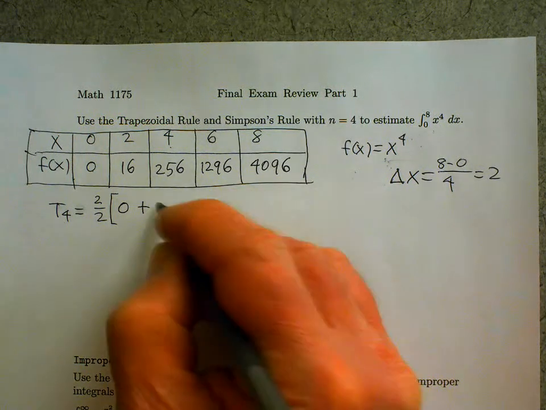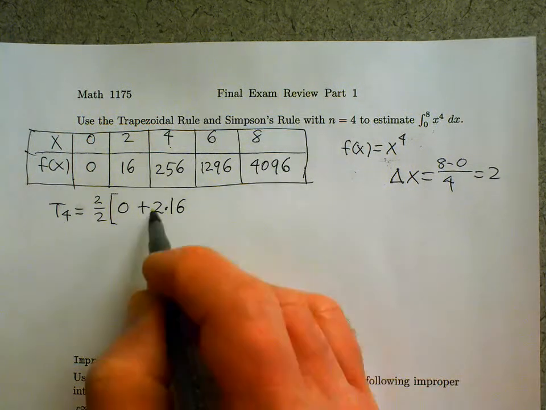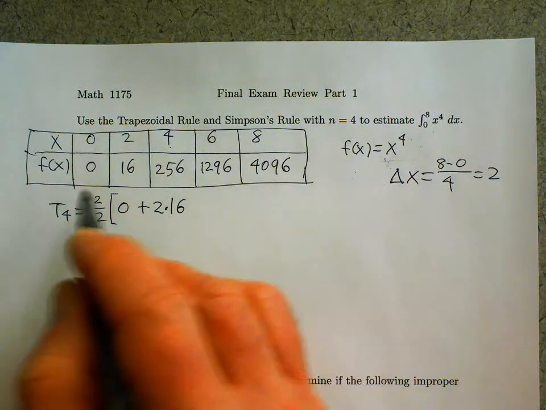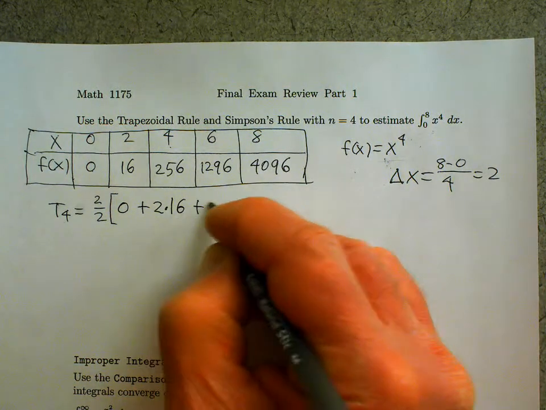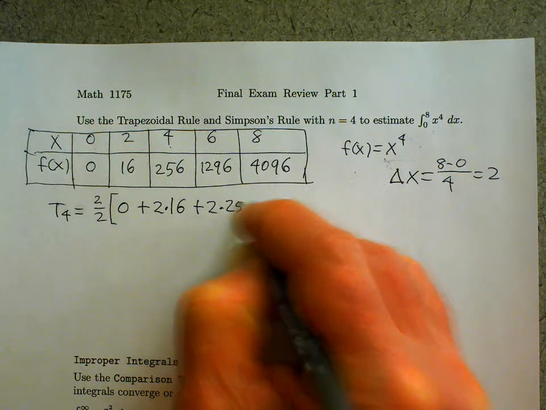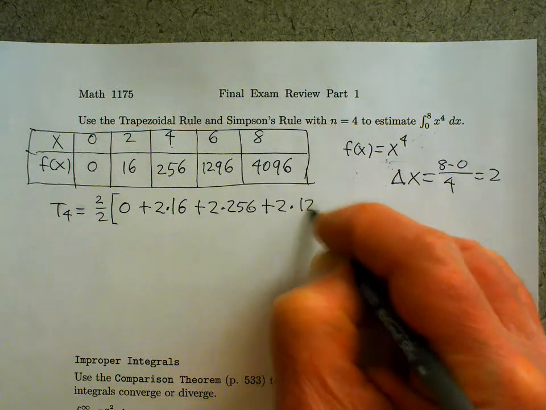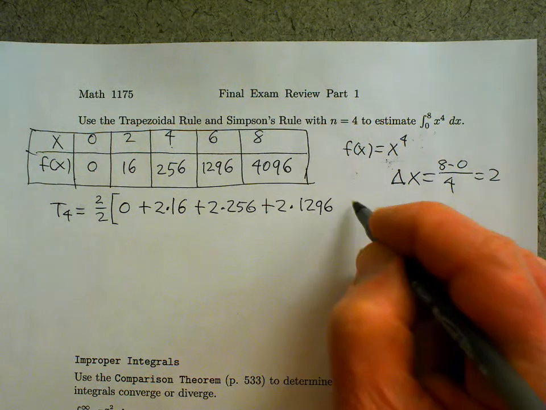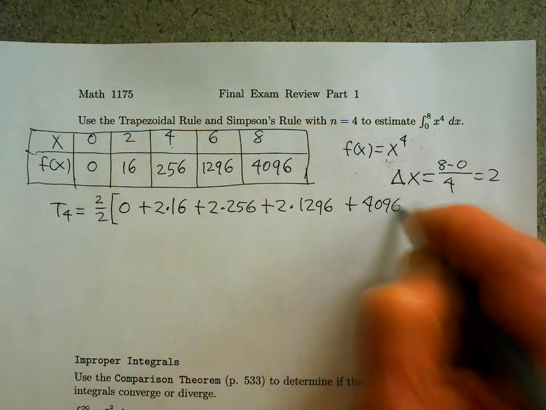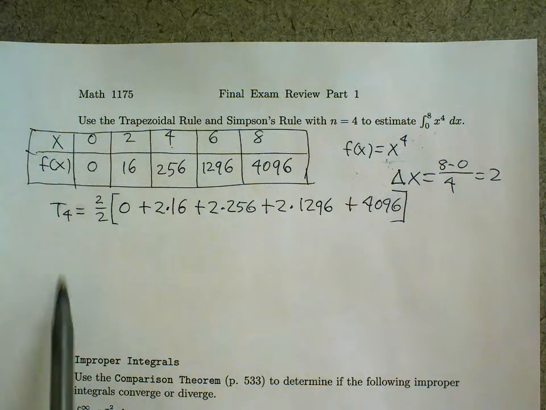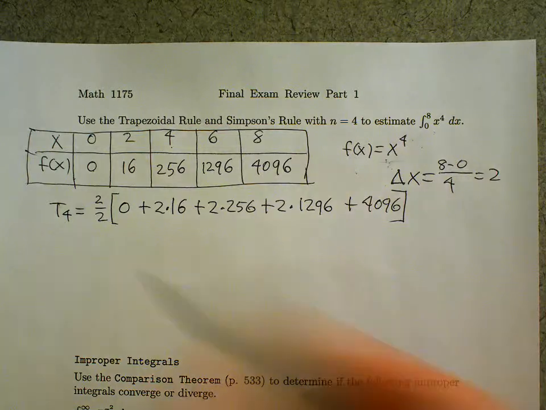And then plus 2 times the interior outputs. So 0 plus 2 times 16 plus 2 times 256 plus 2 times 1296 and then plus 1 times 4,096. Okay, I'll leave that arithmetic for you to do.